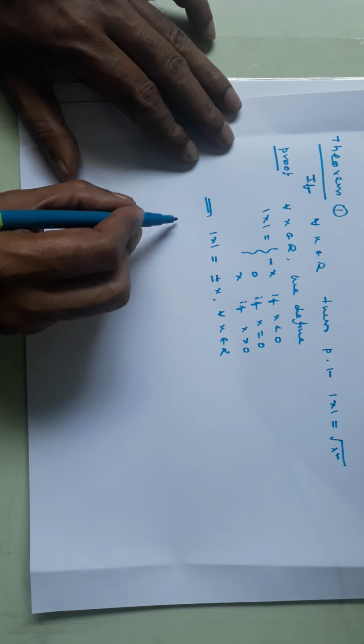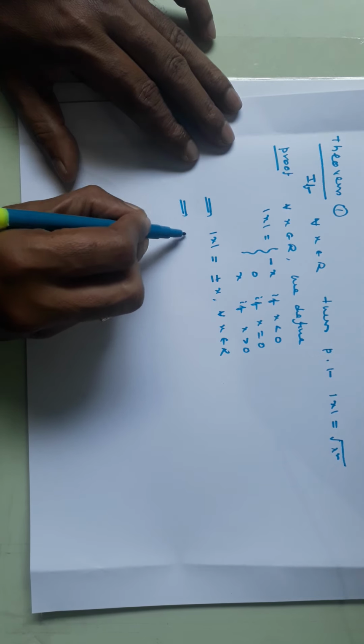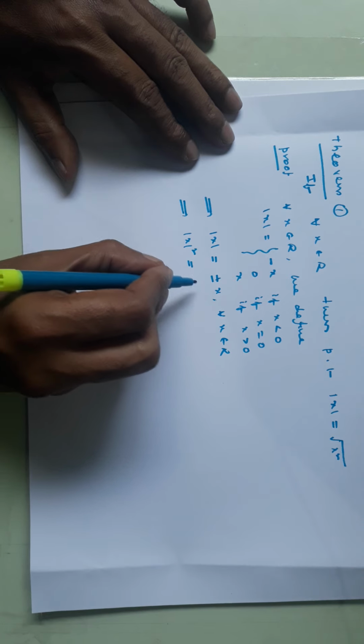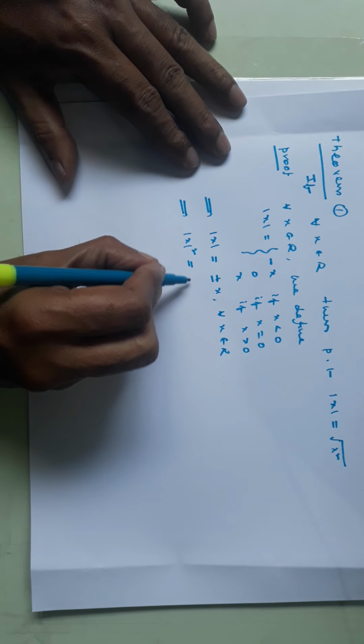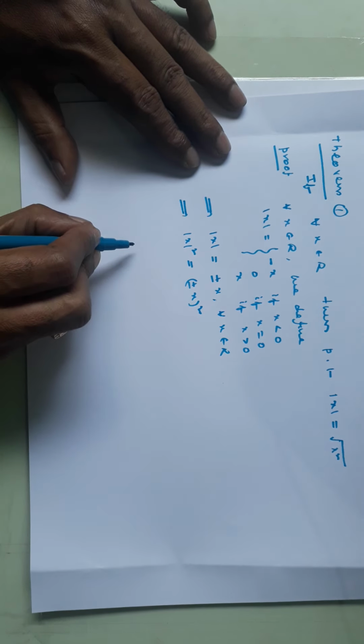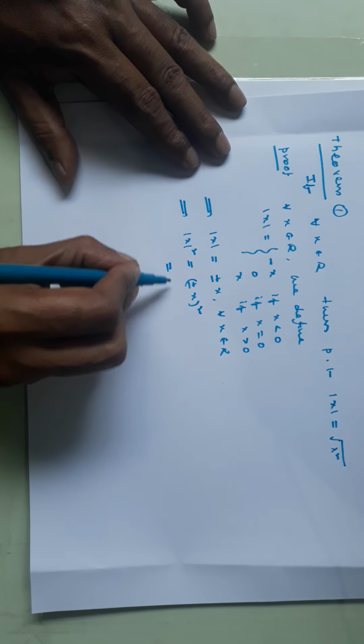So squaring on both sides, mod x whole square is equal to plus or minus x whole square. This is equal to x square.